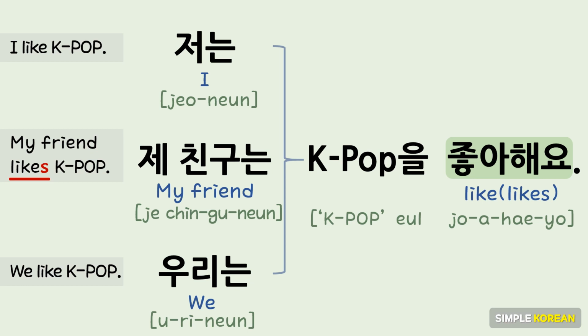But in Korean, 좋아해요 is the same as the verb in a sentence with the first person subject 저는 or plural subject 우리는. 저는 K-팝을 좋아해요. 제 친구는 K-팝을 좋아해요. 우리는 K-팝을 좋아해요.